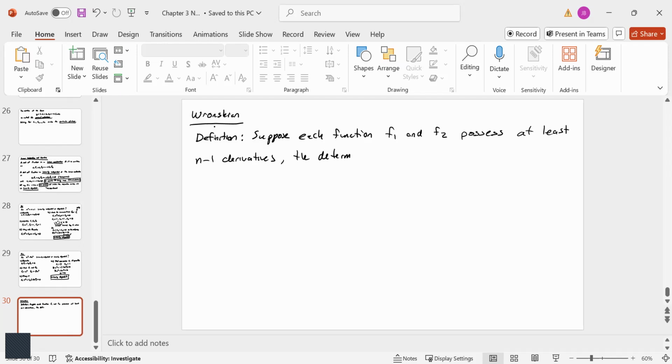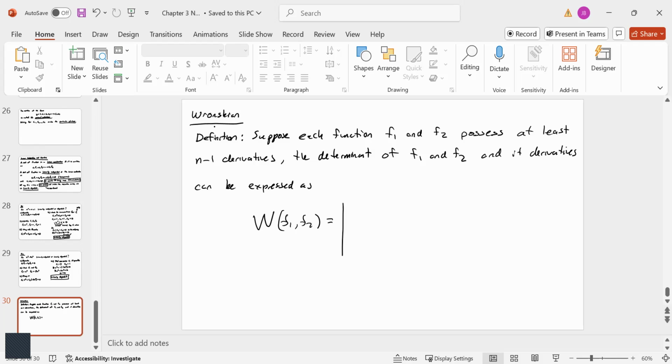The determinant of f1 and f2 and its derivatives can be expressed as, so you say the Wronskian W of f1 and f2 is equal to the determinant, so it's a matrix operation, and this is just a formula.